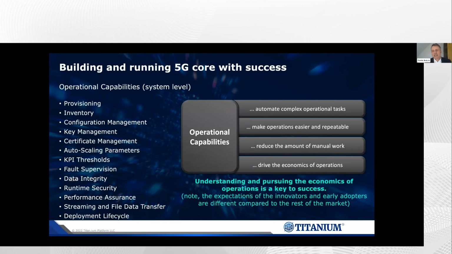So there is this curve that exposes this chasm between the early market and the majority of the market. And again, the expectations and requirements in each of the markets, left of the chasm and right of the chasm, are different. So yeah, operational capabilities need to be in place. Again, it is a driver for the economics of the deployment of the platform that you deploy, and therefore understanding them is key. Let's go to the next slide, please.